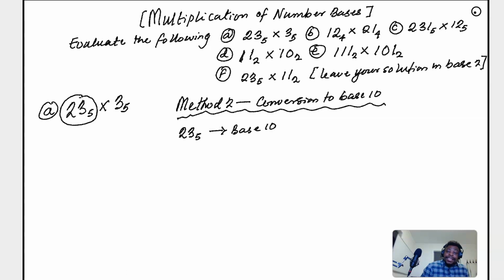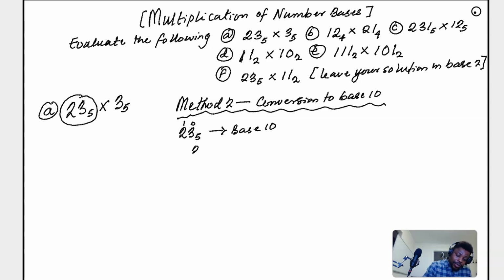This is conversion from other bases to base 10. I have done this in my previous video. For those of you that have not seen the video, please click up on the right hand corner to take you to the video.